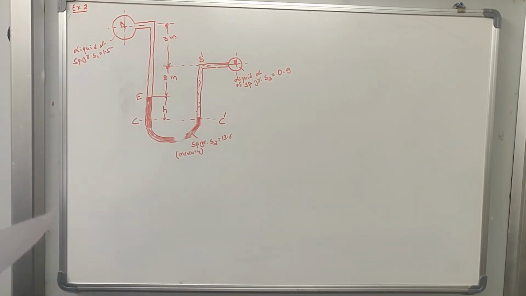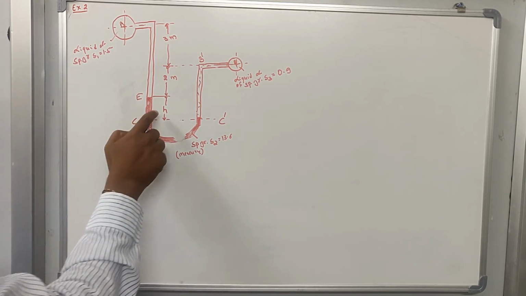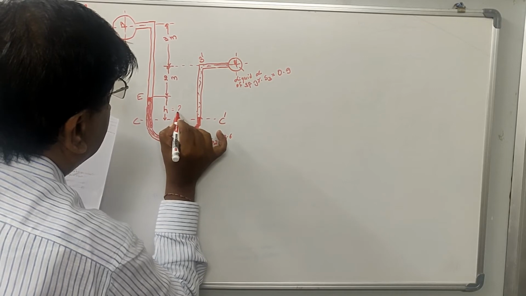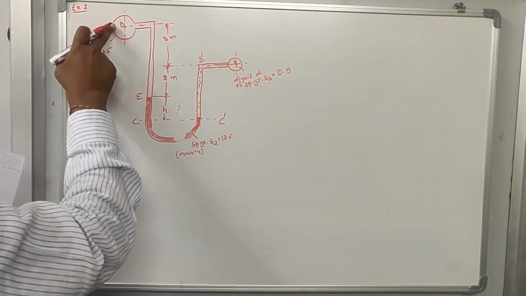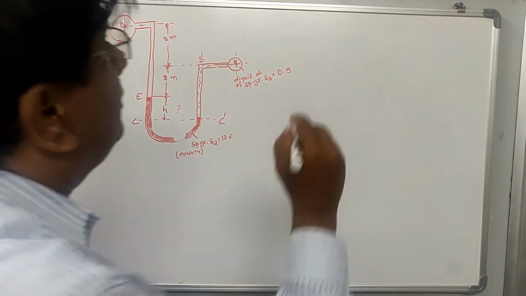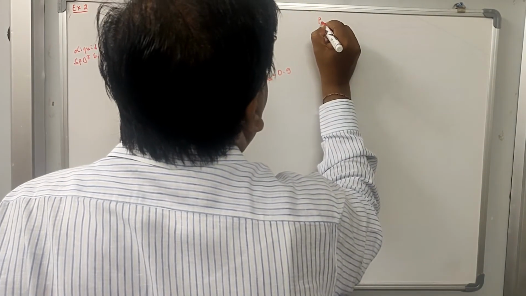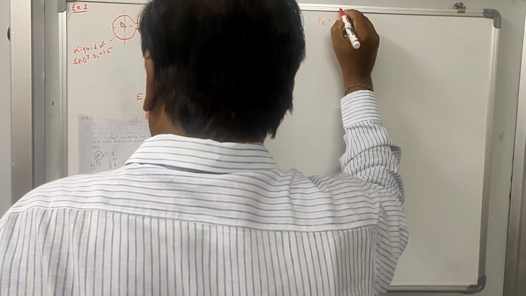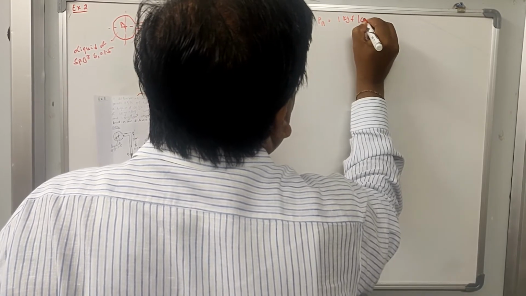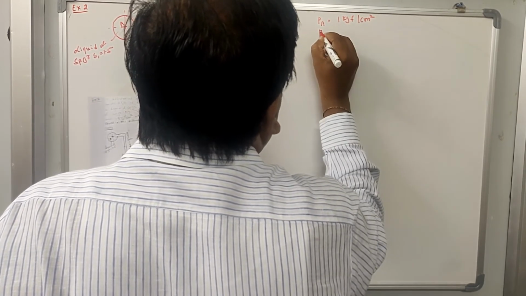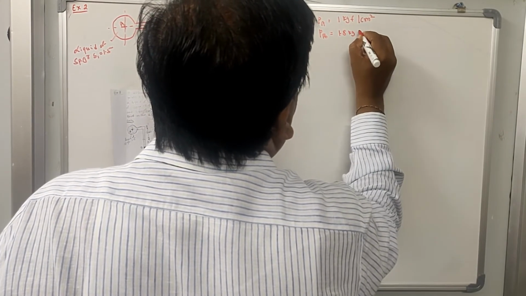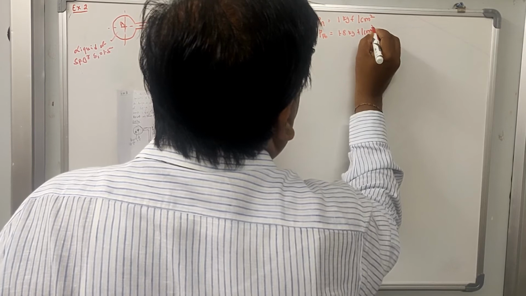Now the question is, you have to find this height H. The pressure intensities at points A and B are given. The pressure intensity at point A, that is PA, is equal to 1 kgf per centimeter square, and PB is also given, it is 1.8 kgf per centimeter square.